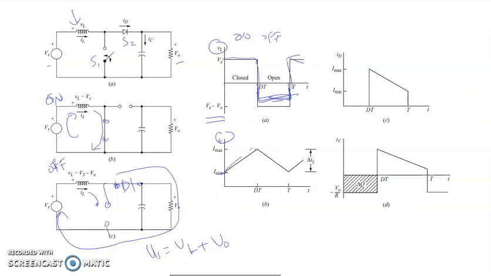Once the duty cycle is reached, the switch is off and it reduces down to the same level where it started. It is the same as the buck converter that we discussed previously.